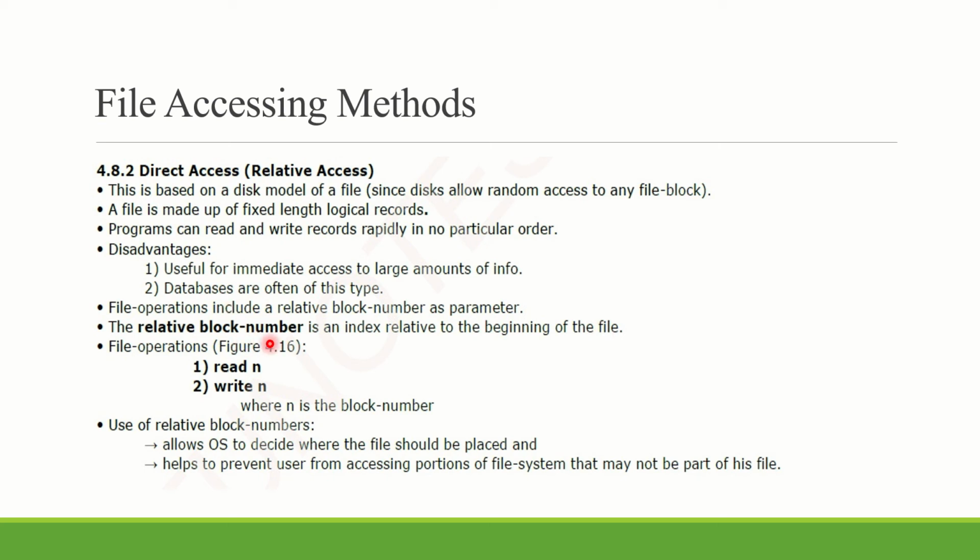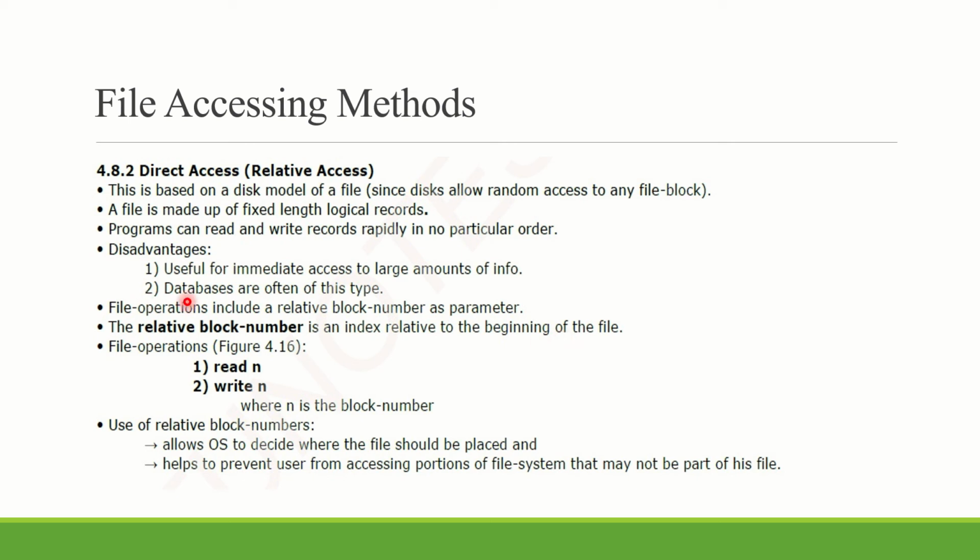Relative block number means an index counted from the beginning of the file. Suppose you give a block number like the 50th record. Your file pointer's starting position is 0 or 1, and from there it moves 50 records. The index is considered from the beginning of the file, and the system adds that block number, reaching the designated record.